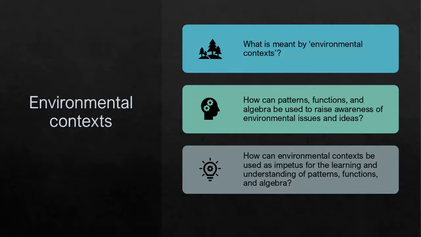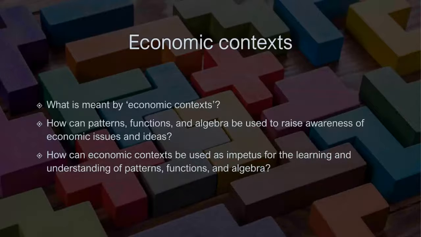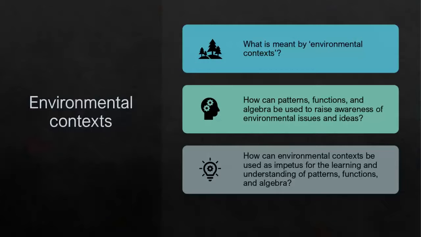So, 3 questions. First one, what is meant by social and cultural contexts? The next one, what is meant by economic contexts, and give examples. And the third question, what is meant by environmental contexts?